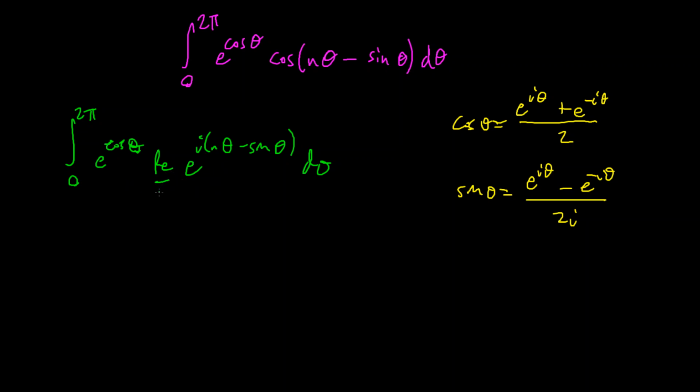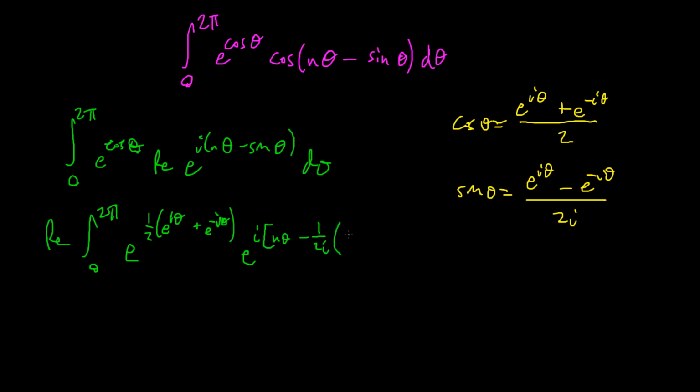So I'm going to bring this real part in front of the integral. So this is going to be the real part, integral 0 to 2π, e to the, and now for cosine theta, this is going to be 1/2 times (e^(iθ) plus e^(-iθ)), and times e^(inθ) minus 1 over 2i, (e^(iθ) minus e^(-iθ)) dθ.